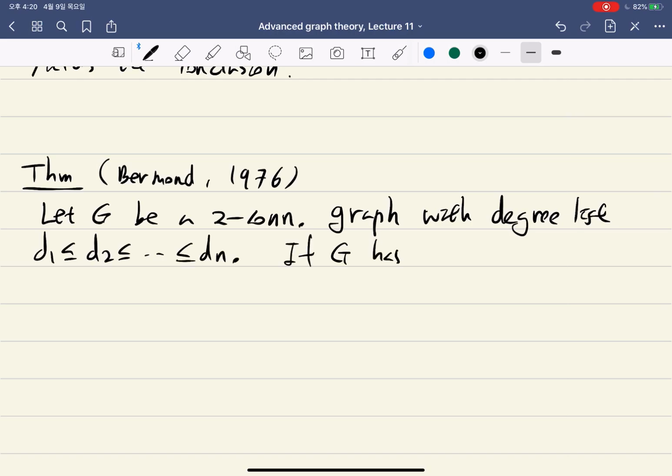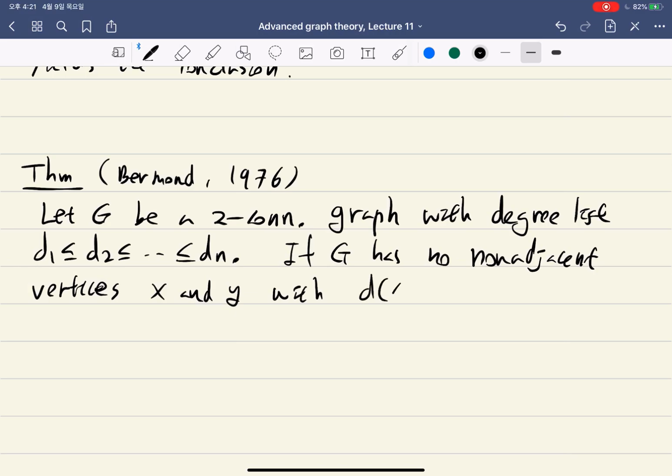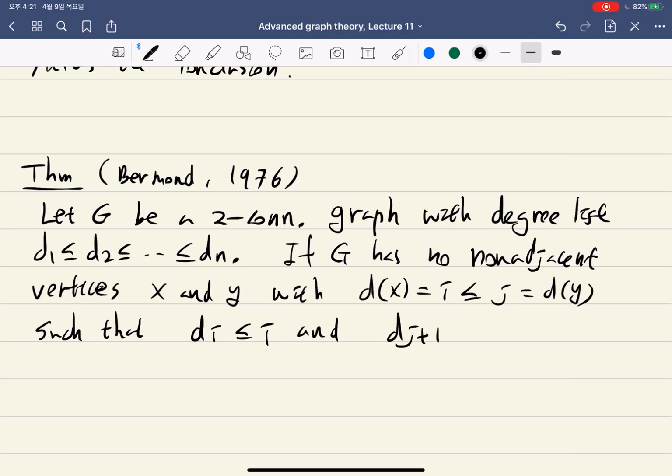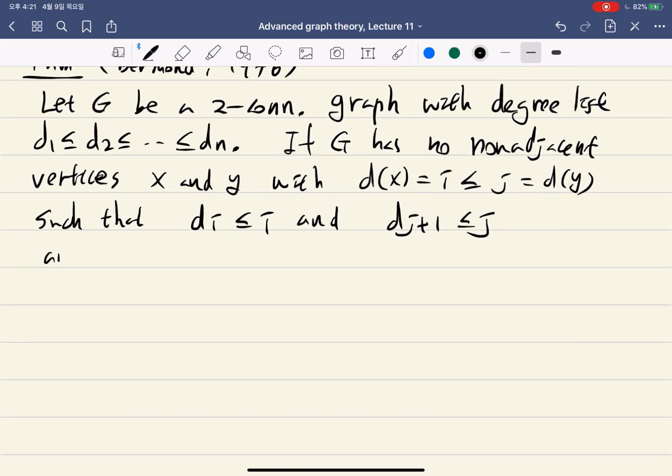If G has no non-adjacent vertices x and y with degree of x being i and degree of y being j, such that d sub i is less than or equal to i, and d sub j plus 1 is less than or equal to j, and i plus j is smaller than s, then the circumference is at least s.